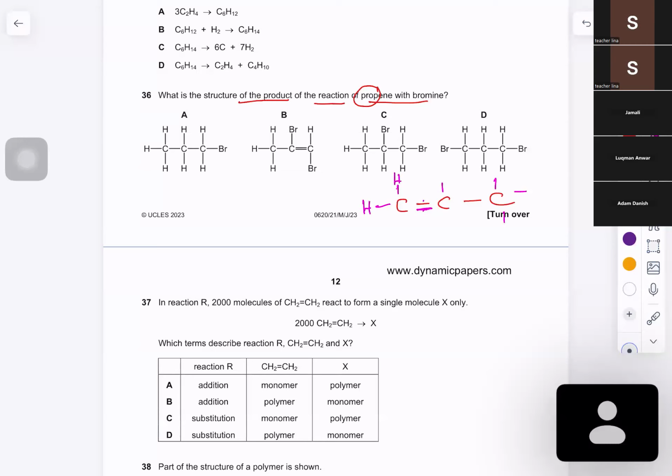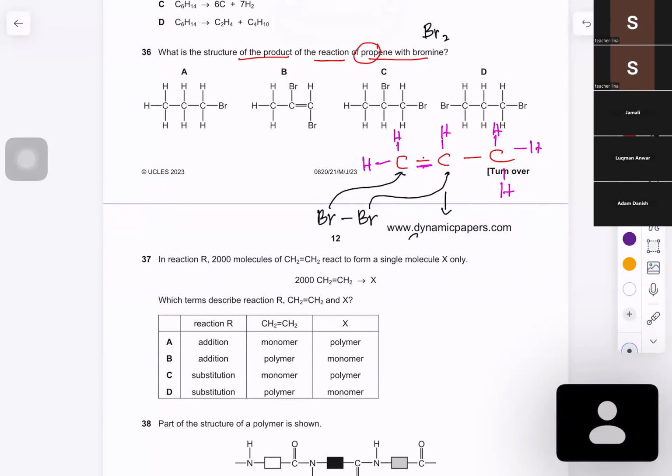So H, H, H, H, H, and H. So bromine ni actually Br2 tau. So Br2 ni Br and Br. So Br go to here and then Br go to here. So dia akan jadi like this one: Br, Br, H, H, H, H, H, and H. Okay, sampai sini.